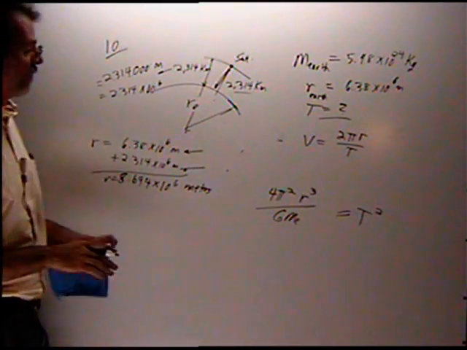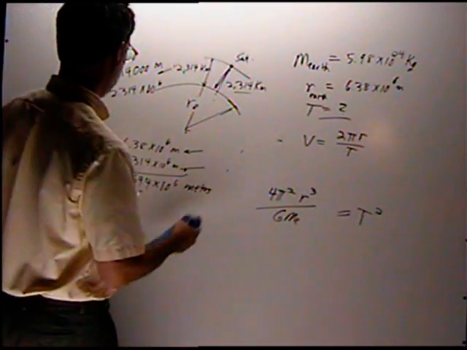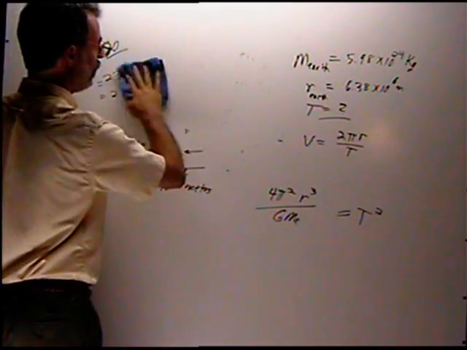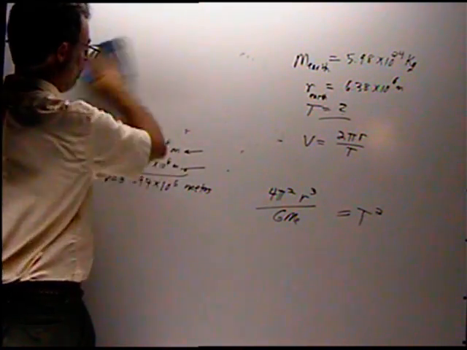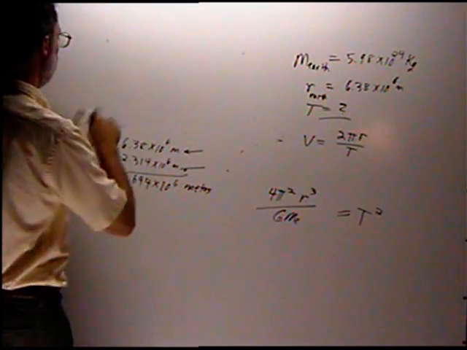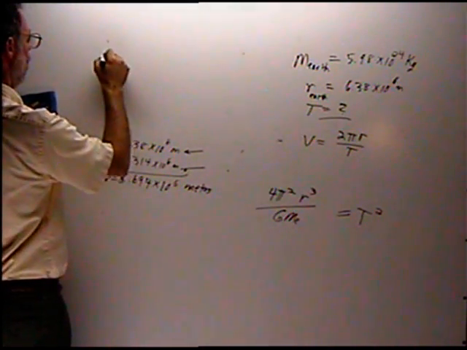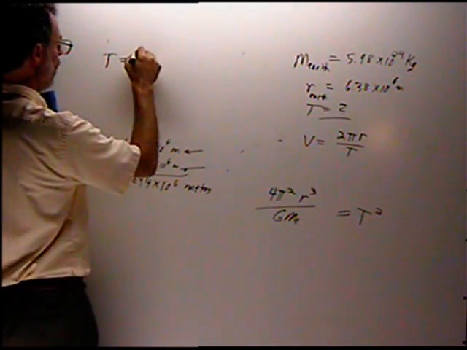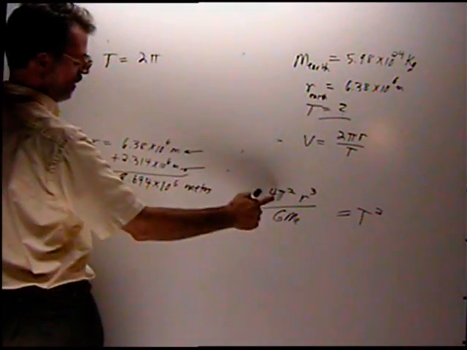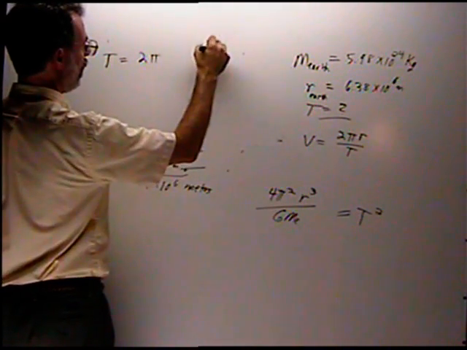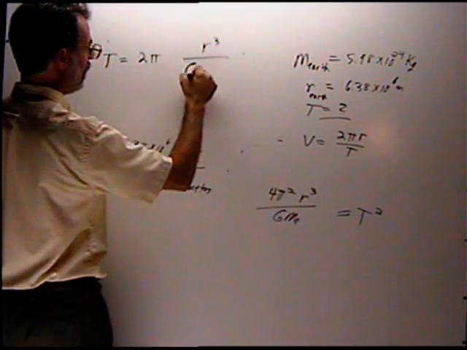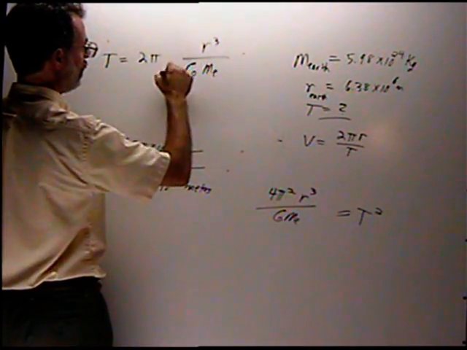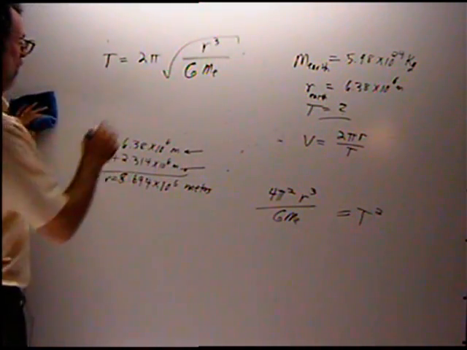Okay. So we're going to plug that into here. I'm going to erase this right here. So our period equals 2 pi times the square root of r cubed divided by G M_e.